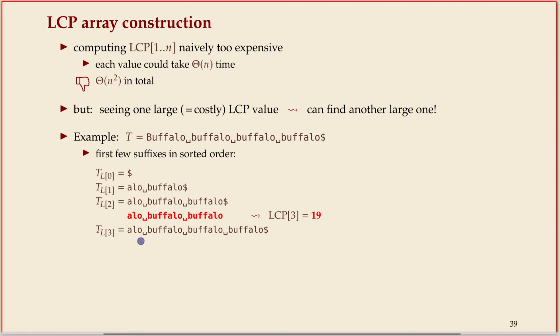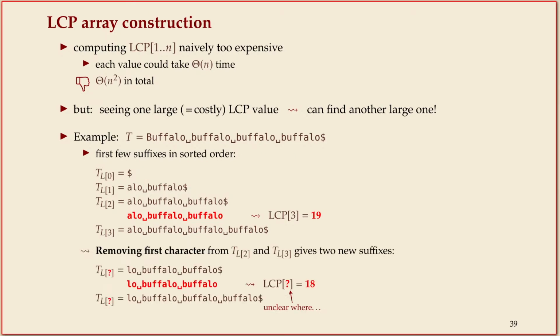So suppose you have the first few suffixes of this text in sorted order, and you found a really long common prefix between those two. Well, if I take off the first character of those two, then they become two other suffixes, but they still share a lot because it's just one character less.